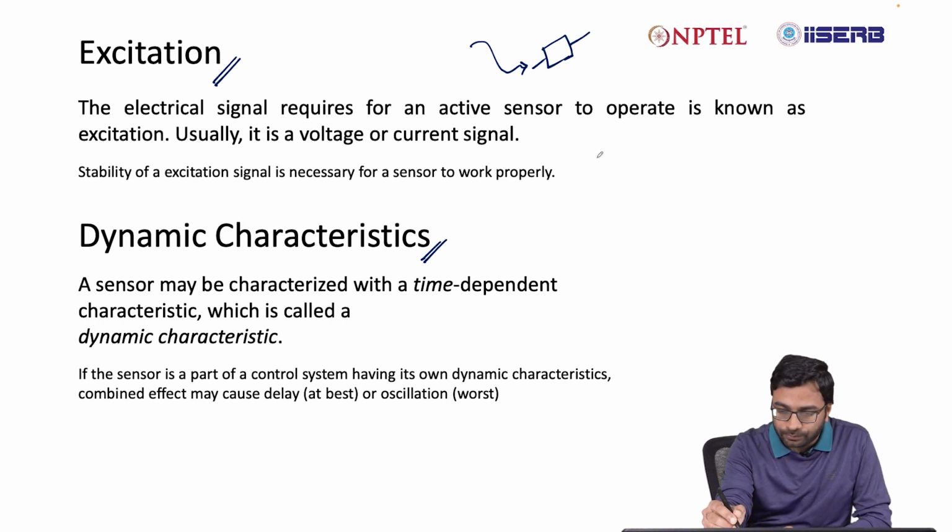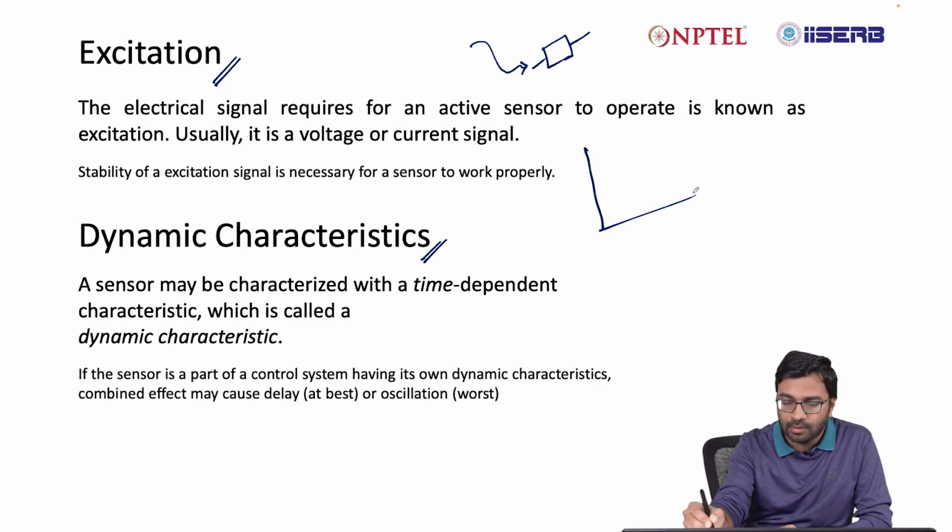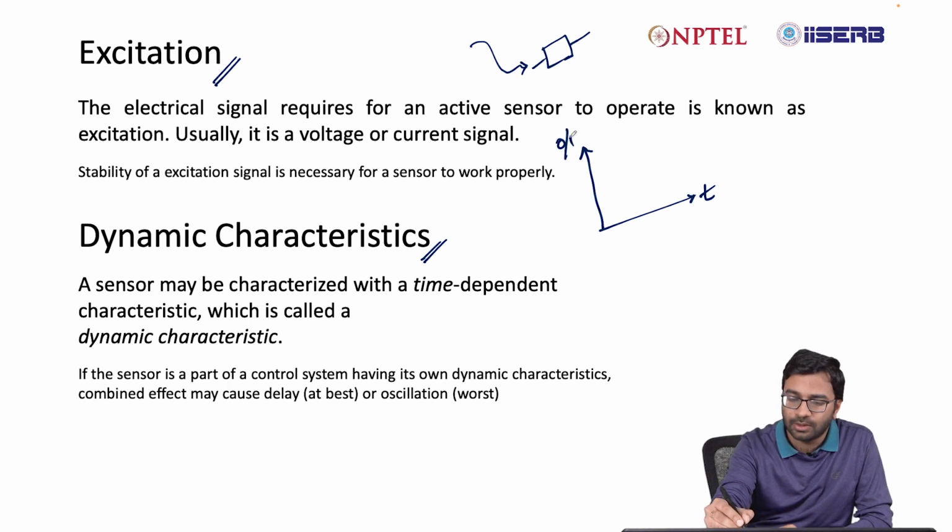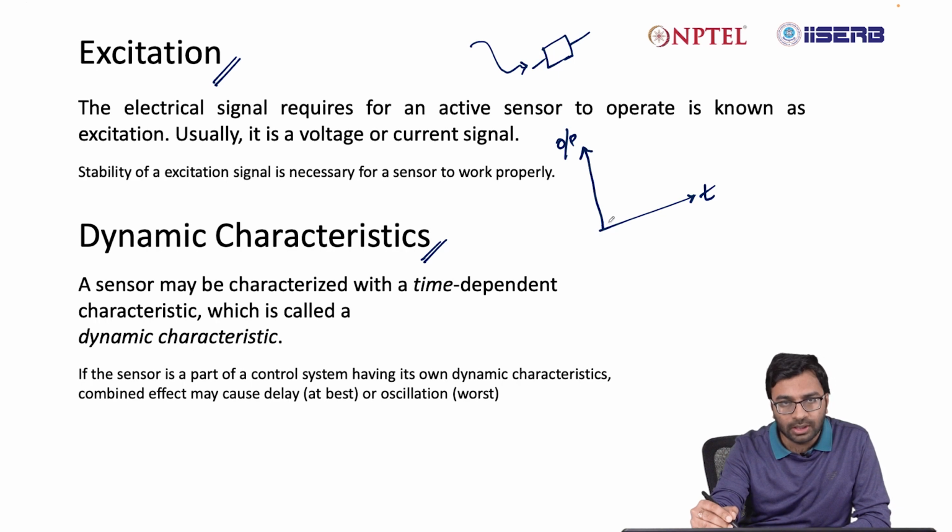For example, if you start characterizing the sensor with respect to time, you'll find that almost all electronic devices, including sensors, take some time before they reach the steady state.